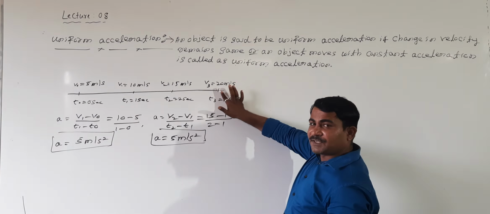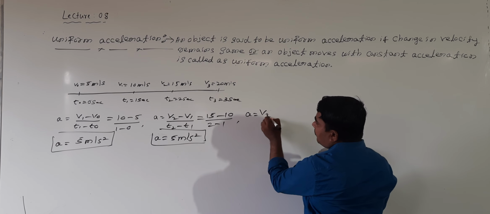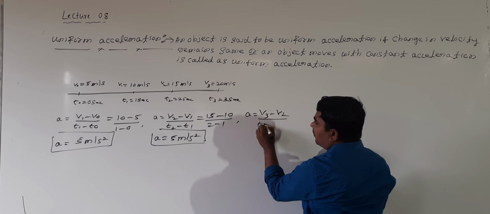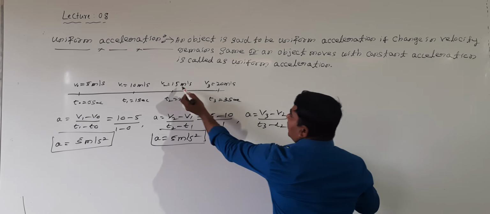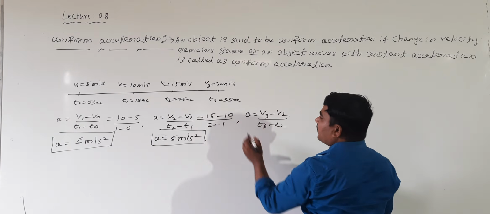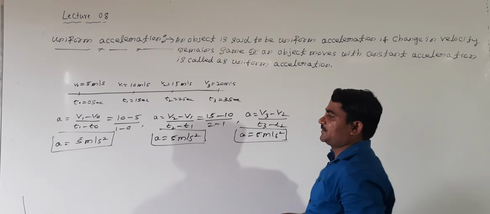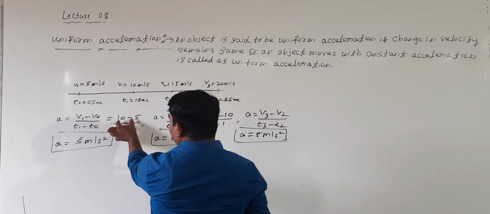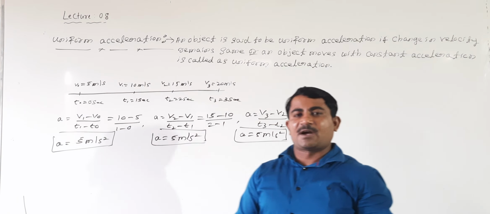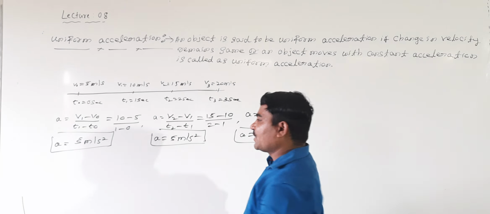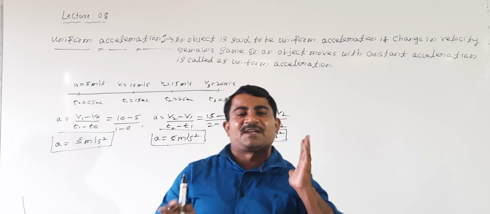In the next interval, a equal to v3 minus v2 divided by t3 minus t2: 20 minus 15, that is 5, divided by 1, again 5 meter per second square. In every interval the change in velocity is 5 meter per second, so the acceleration of the body is constant at every point, and we call that uniform acceleration.